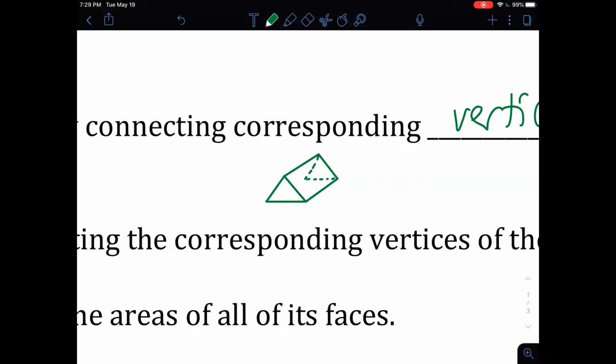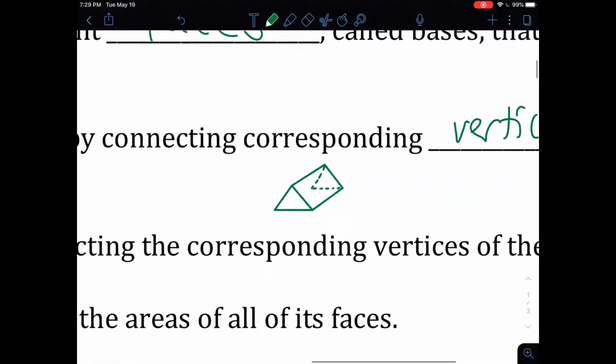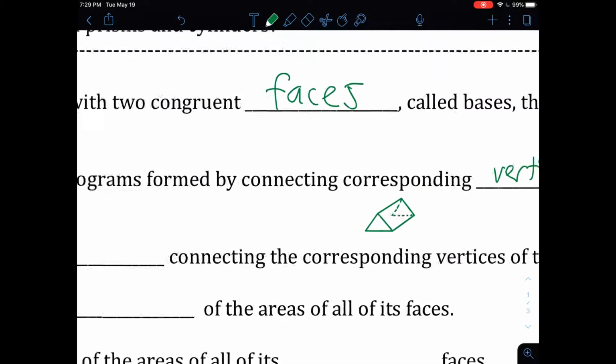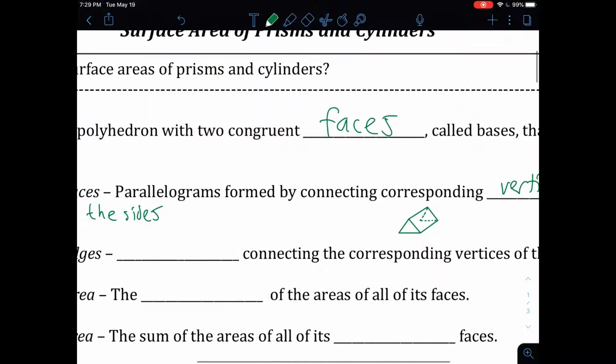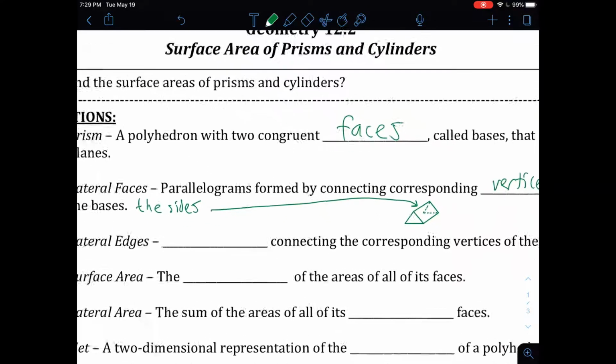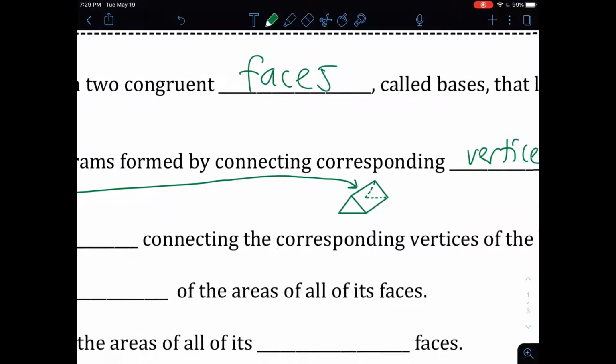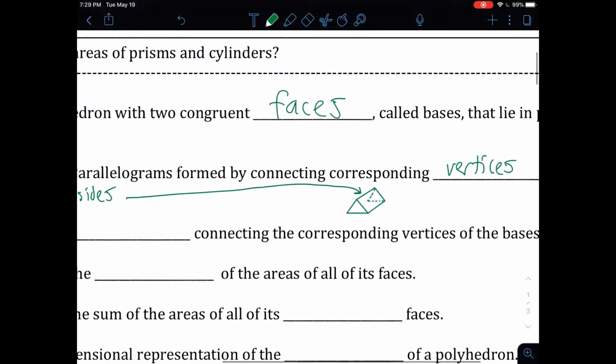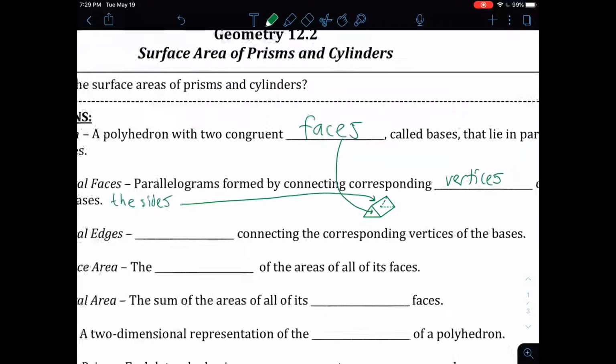So there is a prism. I don't know if you can see it's kind of three-dimensional. The app just made it a little bit easier to see, but the lateral faces are going to be like the sides right here, okay? Whereas the base is going to be this right here, okay?